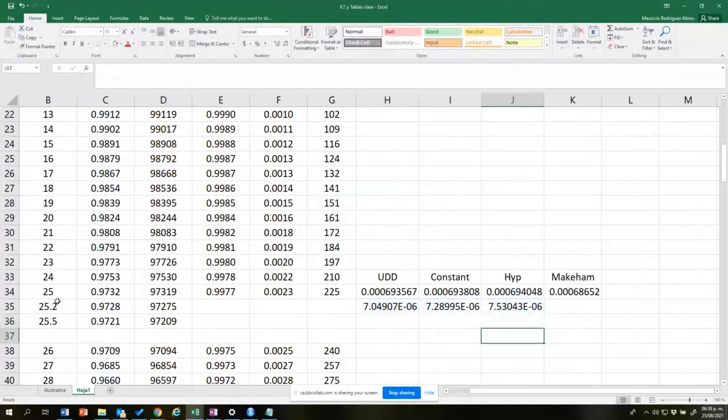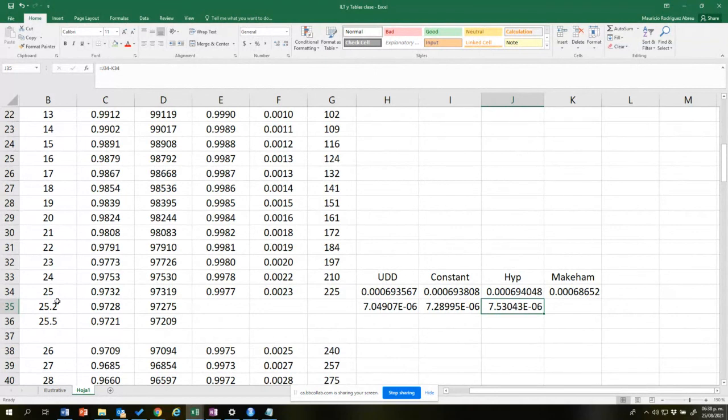What am I doing? Okay, which one is the smallest? Is this one, right? The UDD is the one that is closest. So actually, in this example, the one that is really having significant differences is the hyperbolic. So the best one would be the UDD. But again, look at the values that we have here, 0.0000007, and then we have the difference.